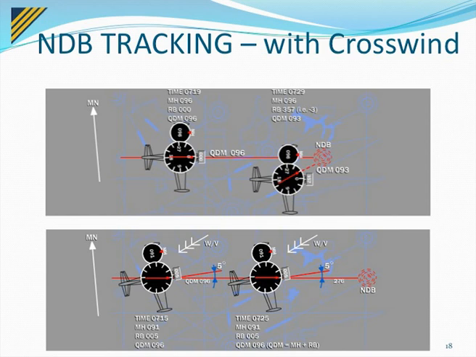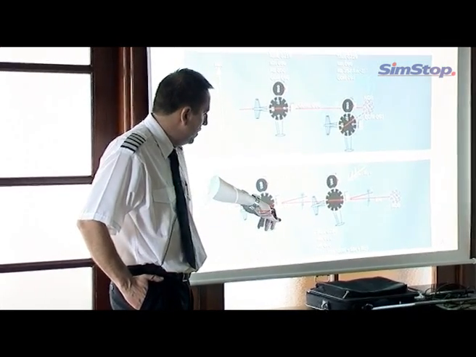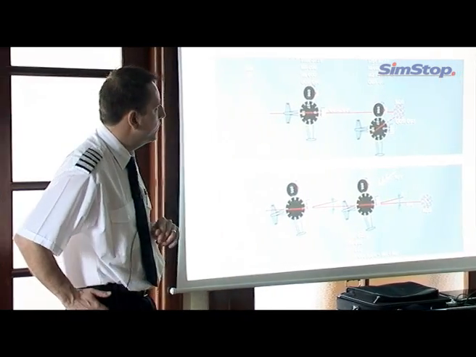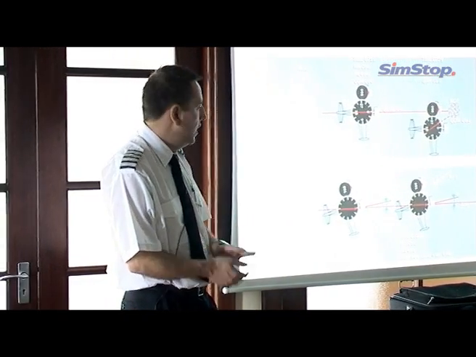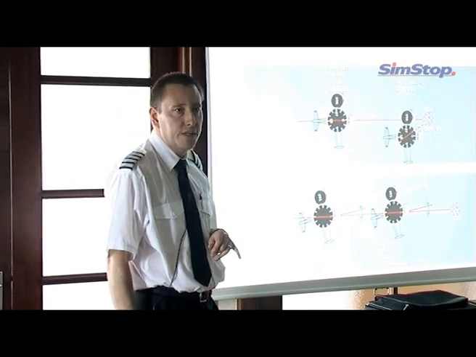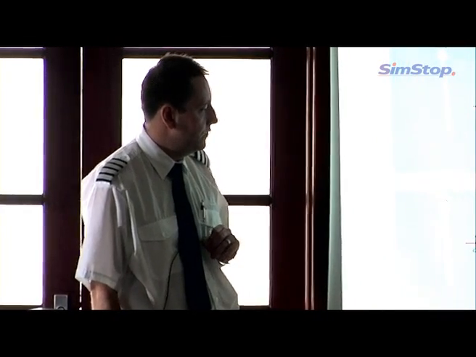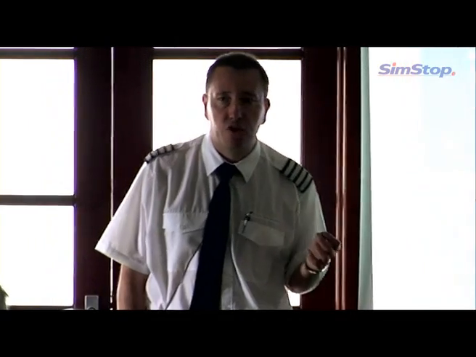Once you've established the correction then, your heading of your aircraft will be set, and your RMI needle, or your NDB needle, will, from the top of the instrument, show the amount of drift you're experiencing to keep on track. So your heading will differ from your track due to the wind, due to the drift.